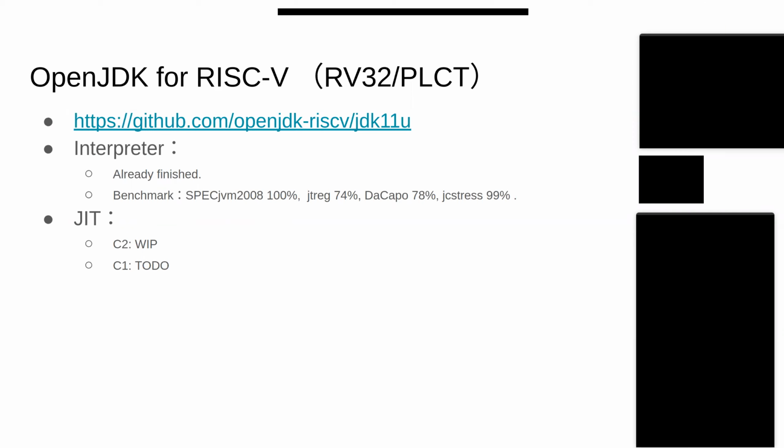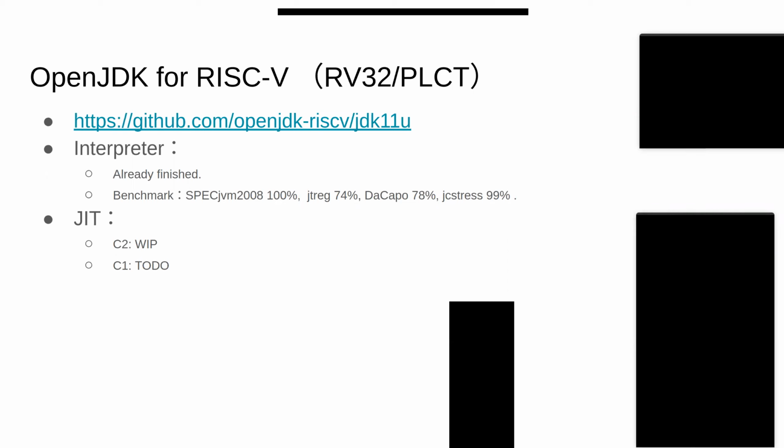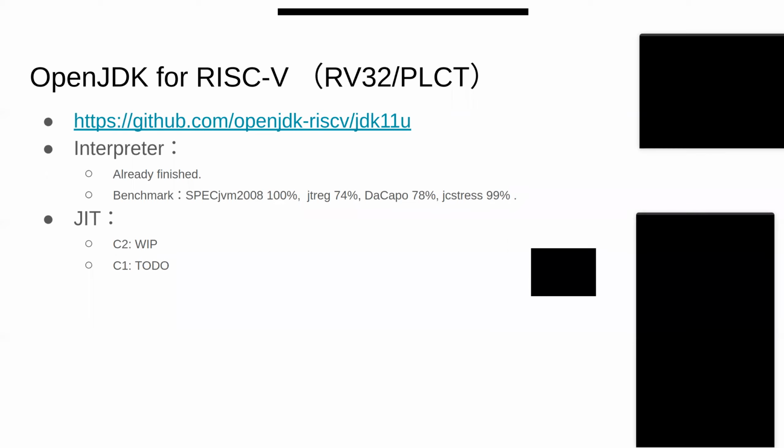Hi, my name is Dini Zhang from PLCT Lab. I'm very glad to make a short introduction about our work on porting OpenJDK to RV32G. Our project is referring to Vision JDK 11, which is the RV64G porting of OpenJDK from Huawei.